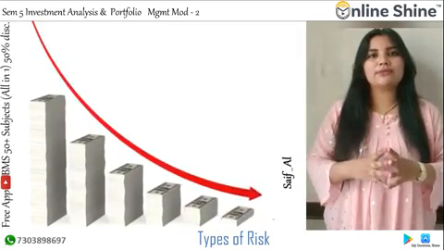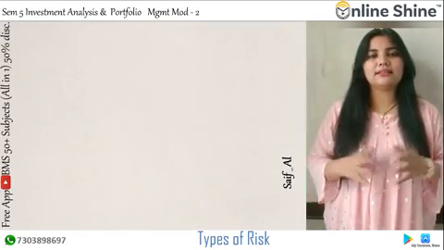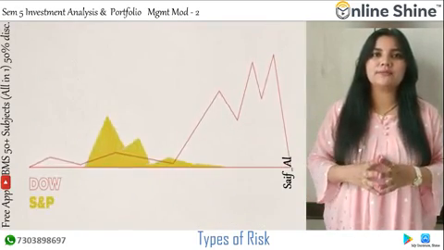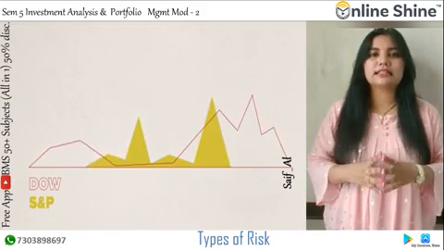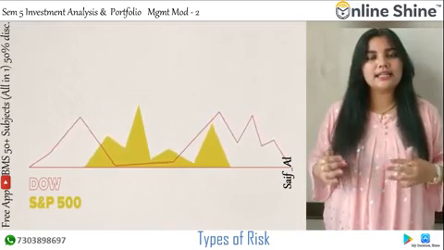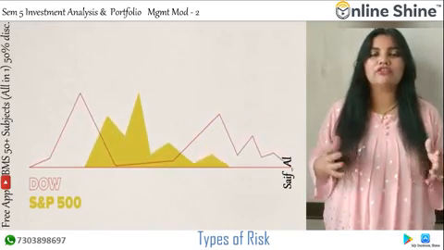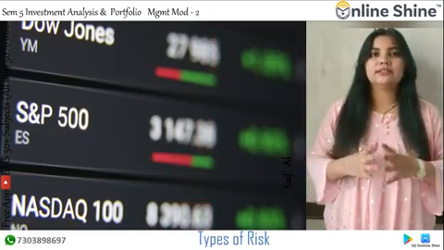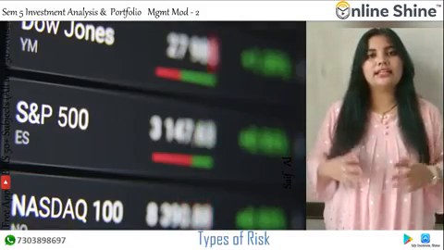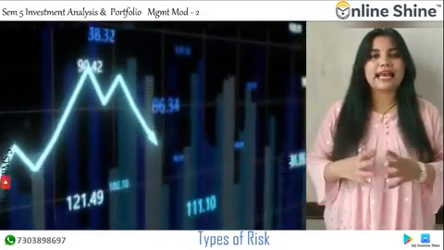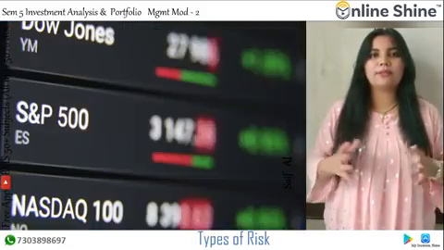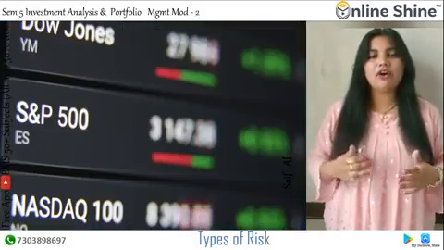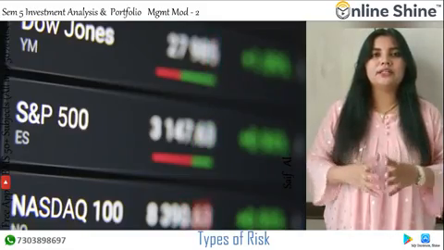Next one, management risk, the impact that the decisions of the management team have on a company. Next is legal risk, uncertainty related to lawsuits or the freedom to operate. And the next one, competition risk, the degree of competition in an industry and the impact the choices of competitors will have on a company. So this is all about types of risk.